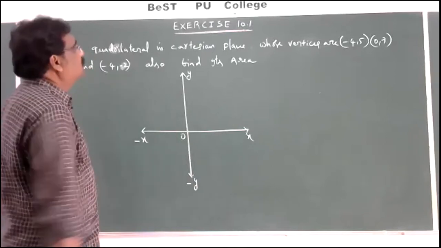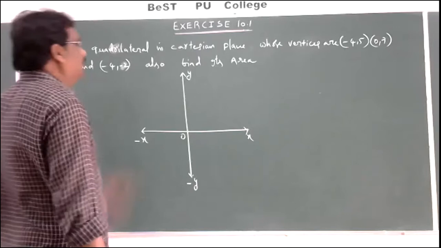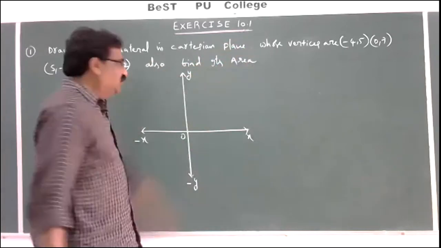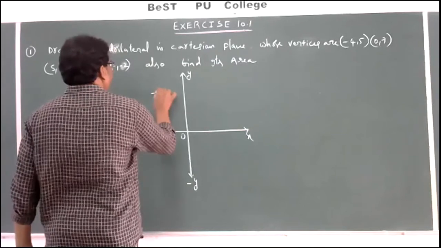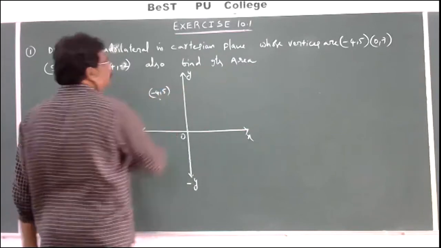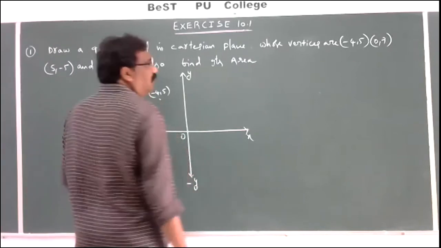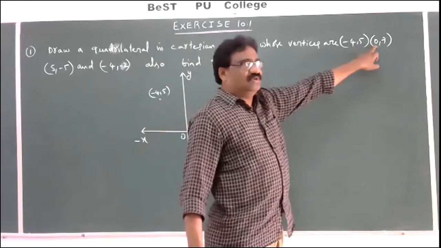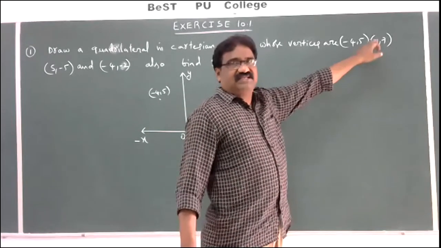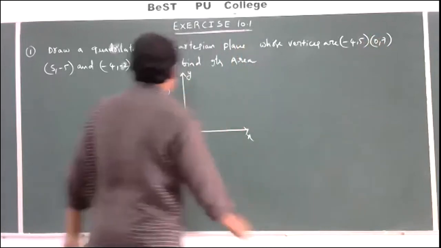So what is the first point? (-4, 5). x negative, y positive, so it lies in the second quadrant. And (0, 7): here the x coordinate is 0. In the given vertices, if the x coordinate is 0, then that point lies on the y-axis.